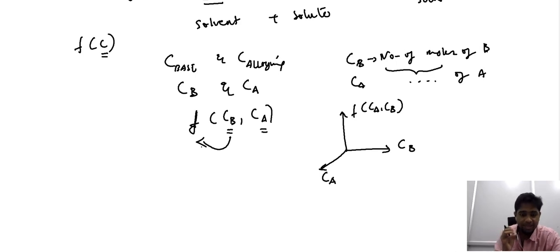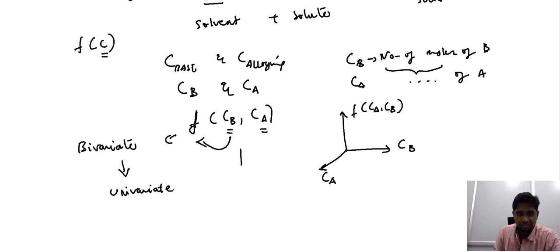Because it is governed by two variables, we refer to it as a bivariate function. Now, if we are able to reduce this function to a univariate function, then handling it will be much easier. What I mean by handling it is, so simplistic case.